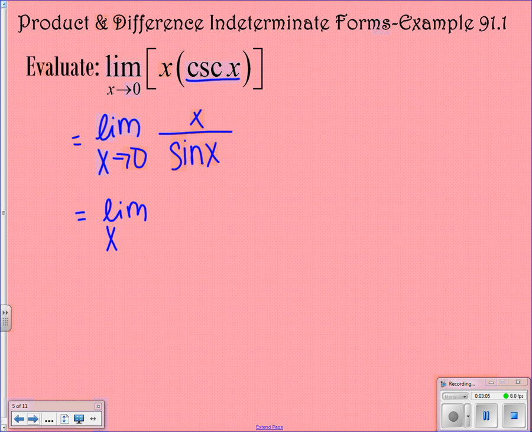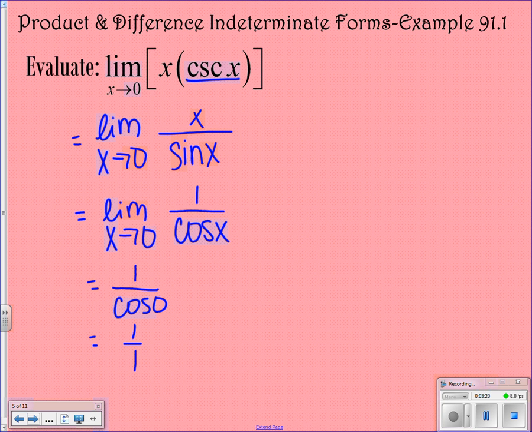The derivative of our x is going to be 1, and the derivative of sine is going to be cosine of x. So now we're going to try and plug in our 0 again. We're going to get 1 over the cosine of 0, which the cosine of 0 is 1, so 1 over 1 just goes to 1. So this limit, when you evaluate it, the answer is just a 1.